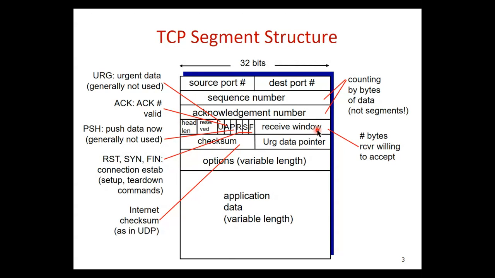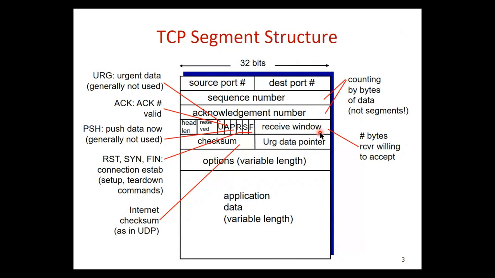About 64K, which means normally, because there's only 16 bits for the receiver window, the largest possible value of RWND is going to be 64K. 64K bytes is not a lot, right? In our example, we needed 83,000 packets to maintain 10 gigabits per second.